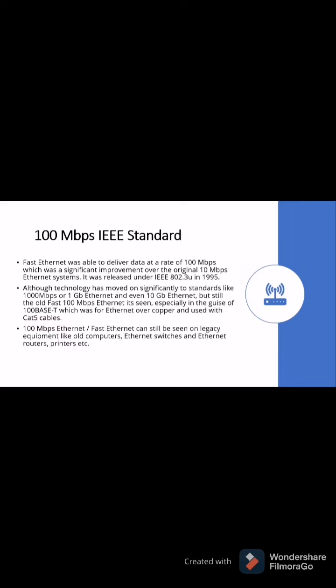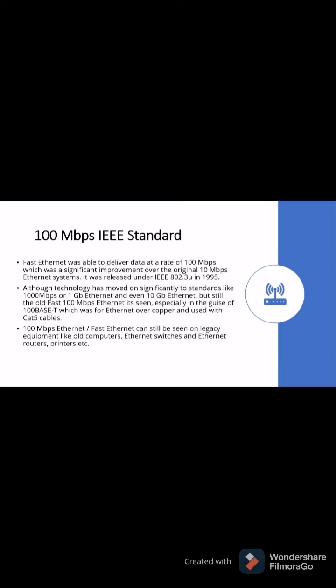So the 100 Mbps IEEE standard. What is it? Fast Ethernet was able to deliver data at a rate of 100 Mbps, which is a significant improvement over the original 10 Mbps Ethernet system. It was released under IEEE 802.3u in 1995.